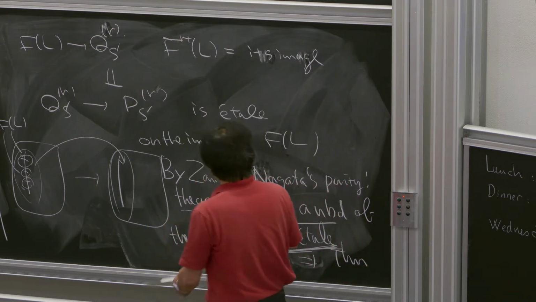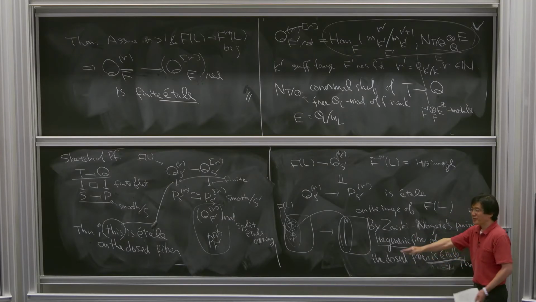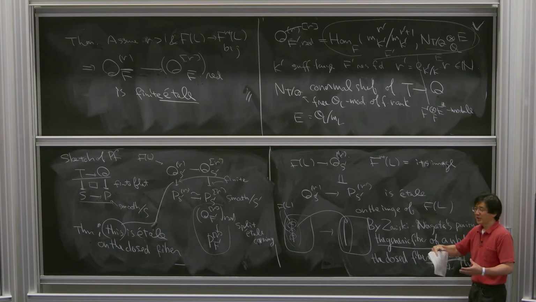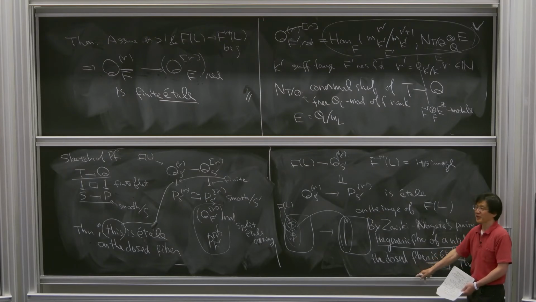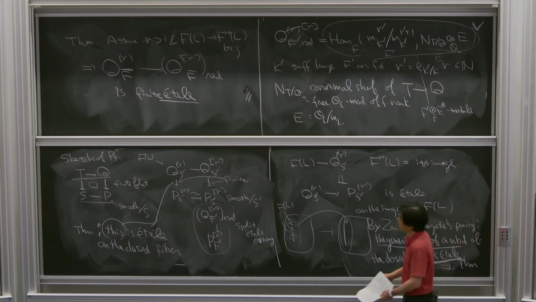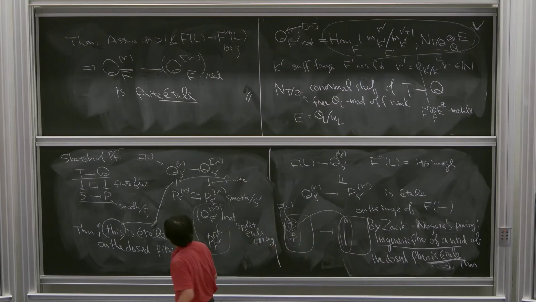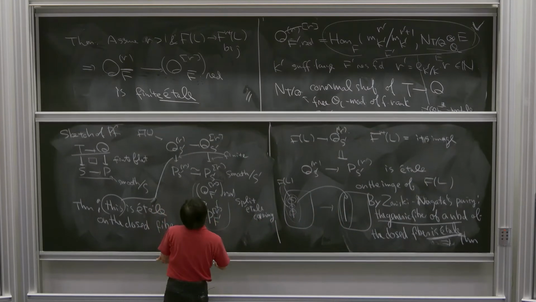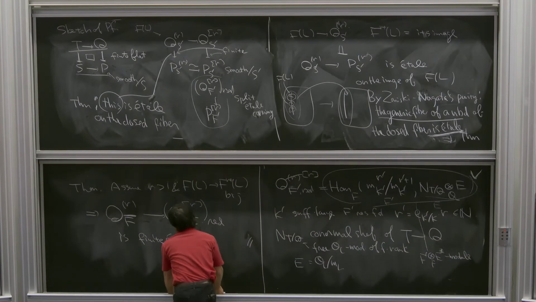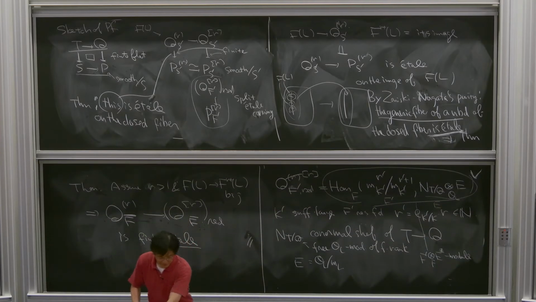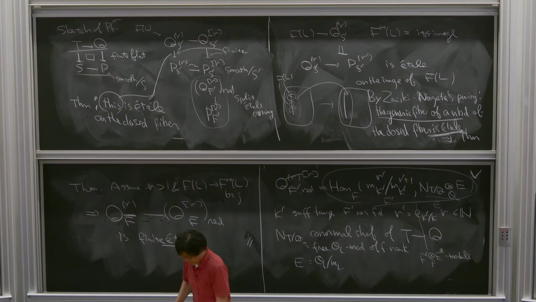The JX fiber is too big, but we are looking at a partial blow-up. So the neighborhood of the closed fiber gets smaller, and on this smaller part, we can prove this etaleness. Okay, so this is the first step.